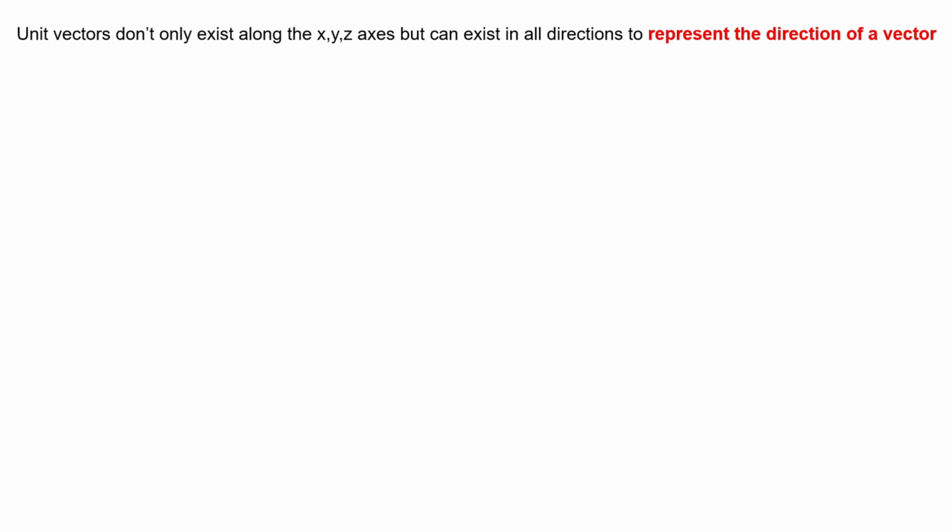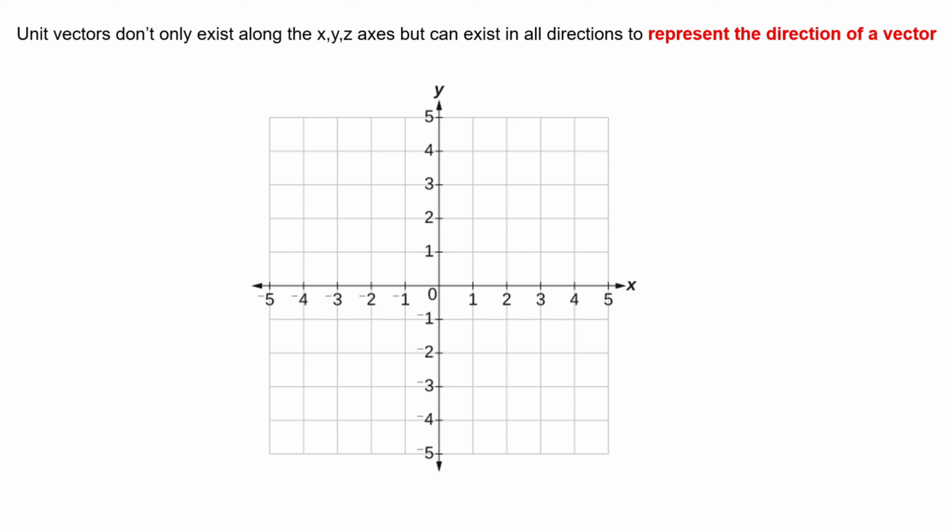But do not be misled. The unit vectors don't only exist along the x, y, z axes, but they can exist in all directions to represent the direction of a vector. What does this statement mean? Remember that we have done the i, j, k, whereby we have written the i vector along the x-axis, the j vector along the y-axis with the length of 1, of course, because it's a unit vector, and the k unit vector along the z-axis.